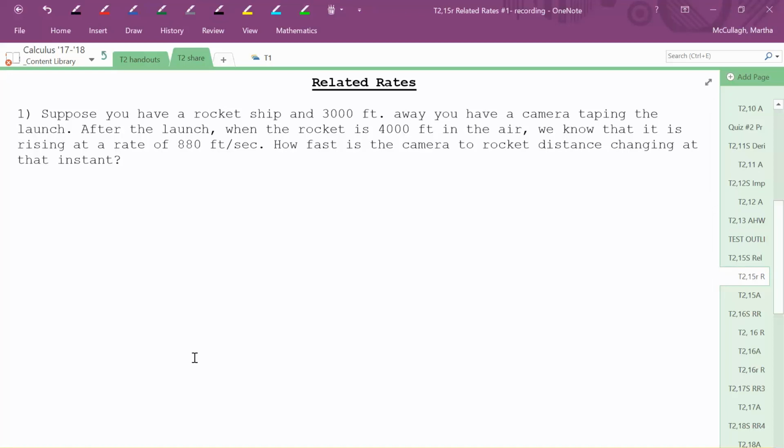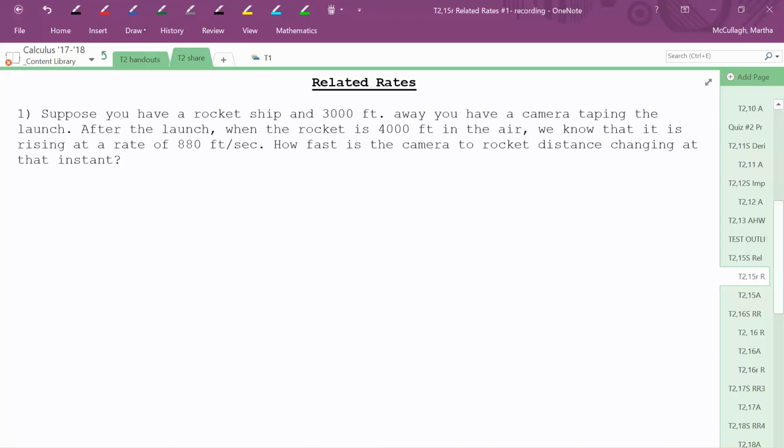Okay, well, we've got a couple of things that aren't changing, and we have things that are changing. So we need to keep those organized. The distance from the launch pad to where the camera is positioned is not going to change.